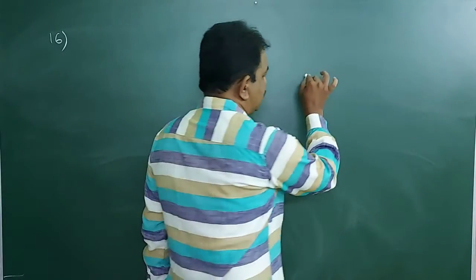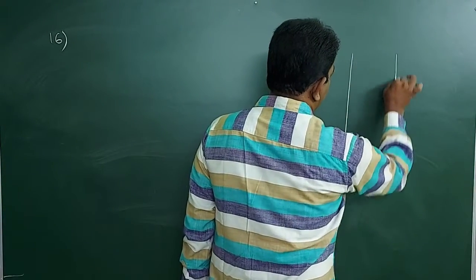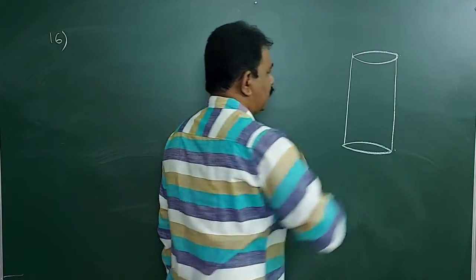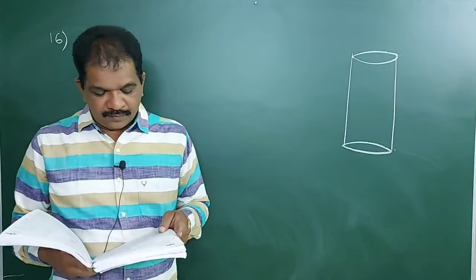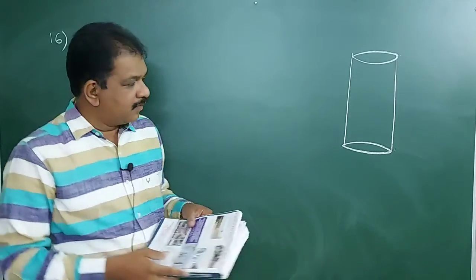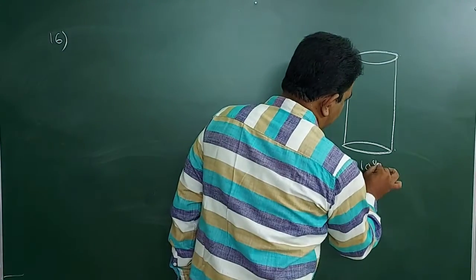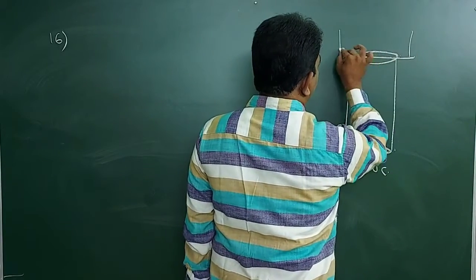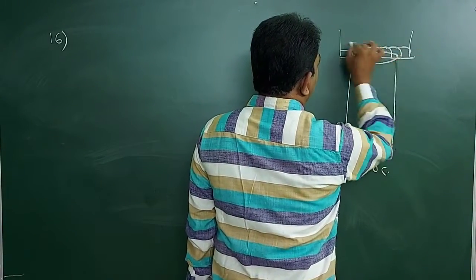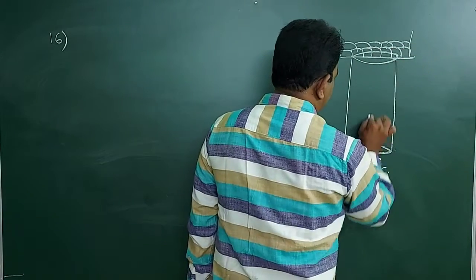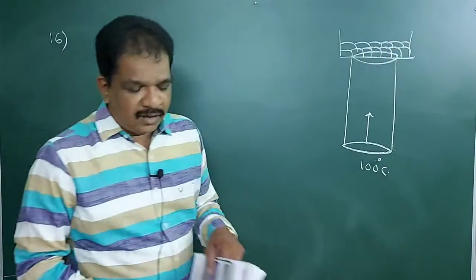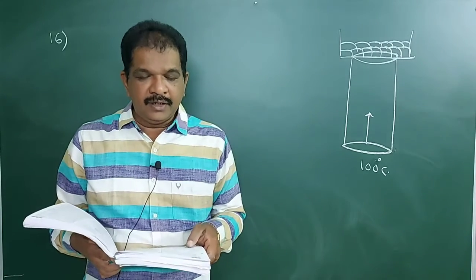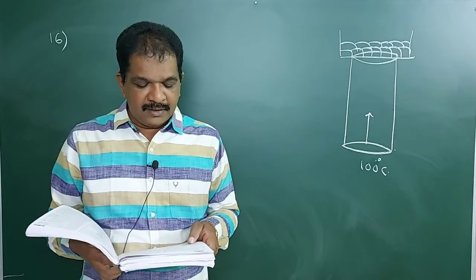Now here one slab is there like this. The lower surface is kept in steam, and here some ice block they kept. Because of this heat, in 1 hour, 4.8 kg of ice is melted.